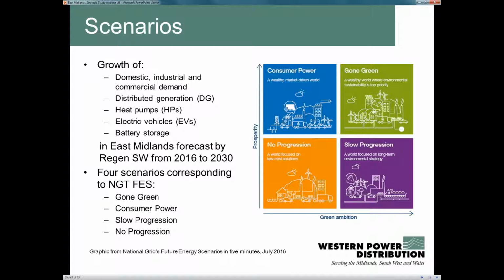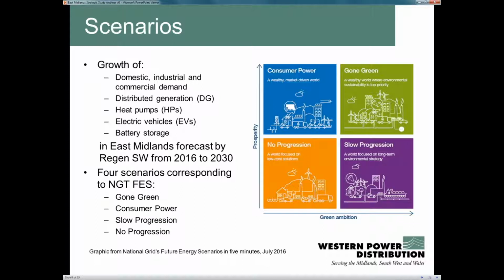There are 4 scenarios, split across 2 axes, prosperity and green ambition. With little prosperity and little green ambition, we're on a low progression route, which is more business as usual, continuing on the path we're on at the moment.